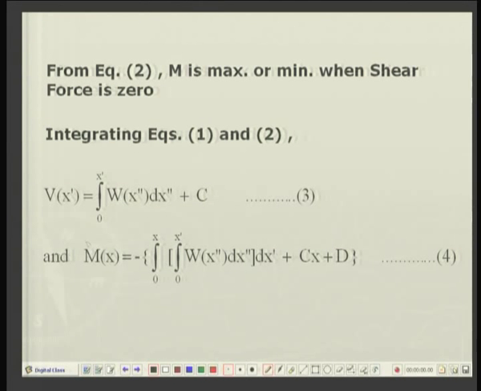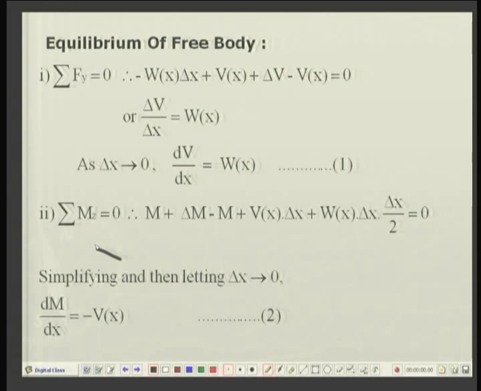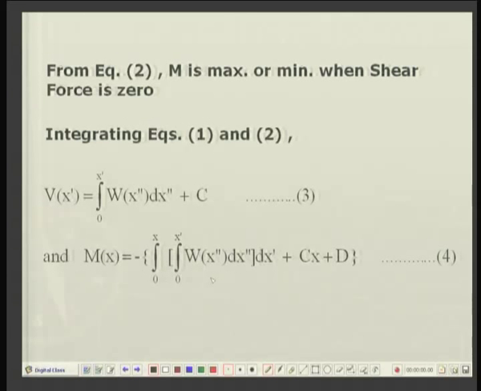And secondly, you integrate this once again, because the derivative of the bending moment is equal to the negative of the shear force. So, from here you can find Mx is equal to minus the integral of Vx. Once we integrate it, C will also be integrated to get Cx, and D is the constant of the second integration.